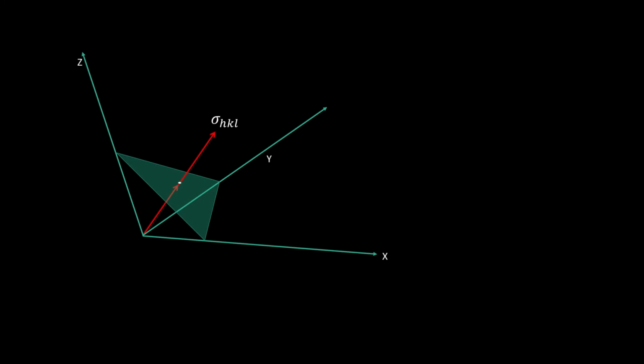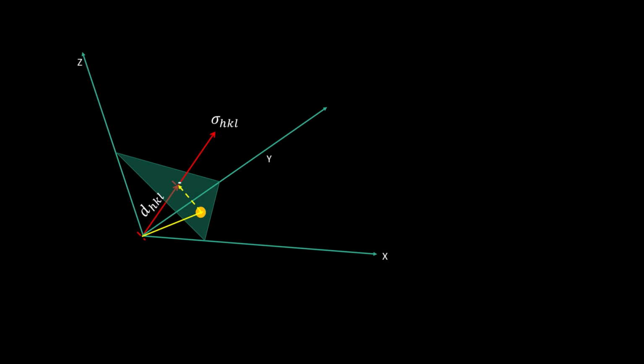Now let's consider any point on this plane, like this orange dot. If you take the projection of the position vector of this point onto the normal, we will get a vector whose endpoint is exactly at the point where σ_hkl intercepts this plane.